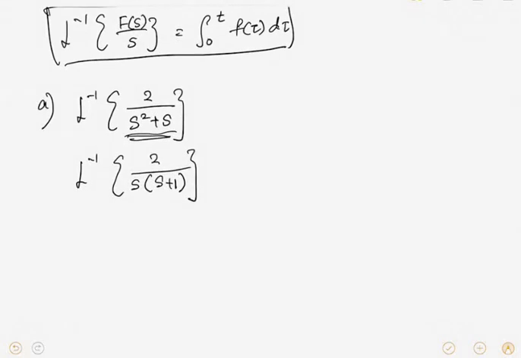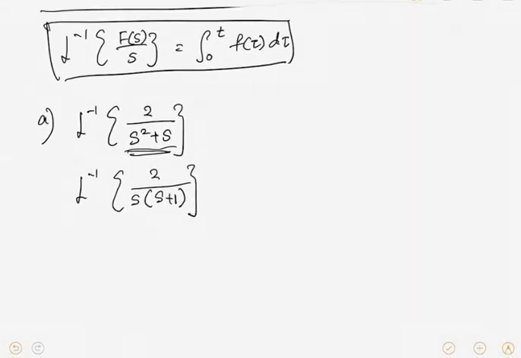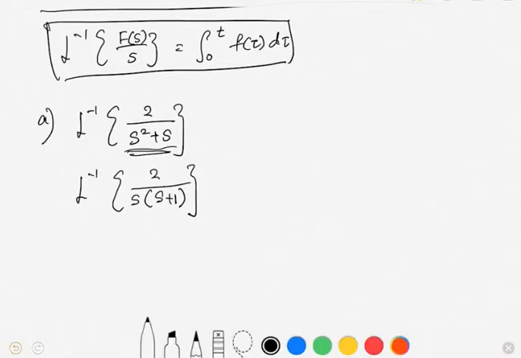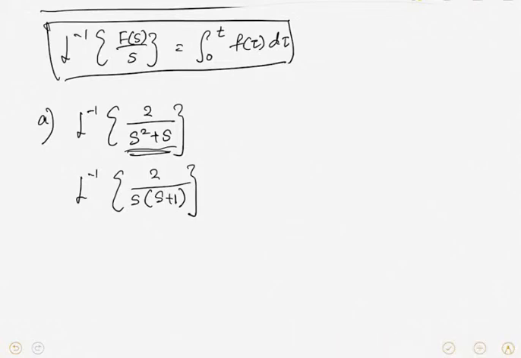Now if you want to use the transform of integral, the format should be the same. You must fulfill the format here, only then can you use this equation. Okay, now let's do it together.